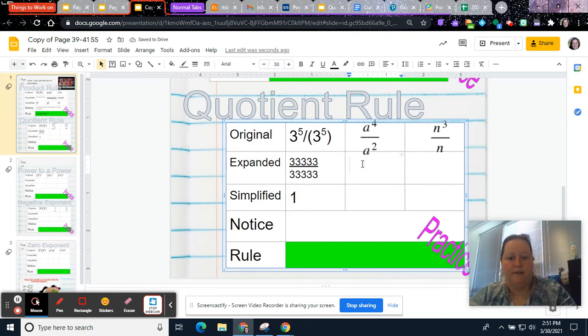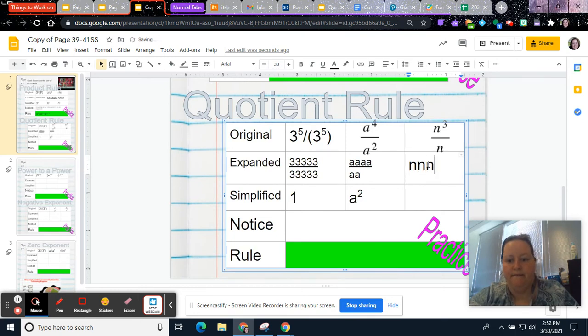Let's try this one. On the top, I have a times a times a times a, because there's 4 of them. I'm going to underline that so it kind of looks like a fraction. And then a times a. And then when you cross these out, those are gone, those are gone. So all you're left with is a squared, or a times a, and that is a to the second power. Let's try it over here.